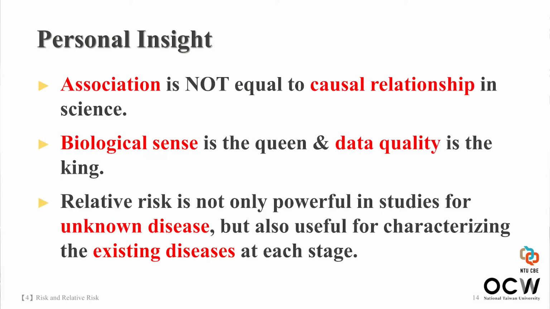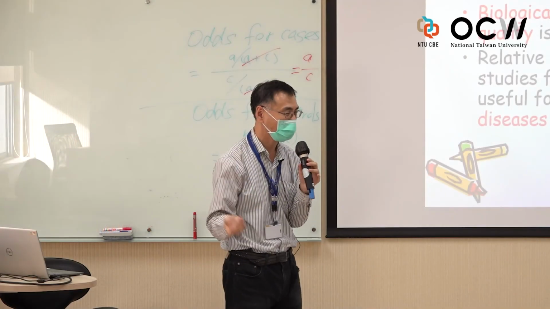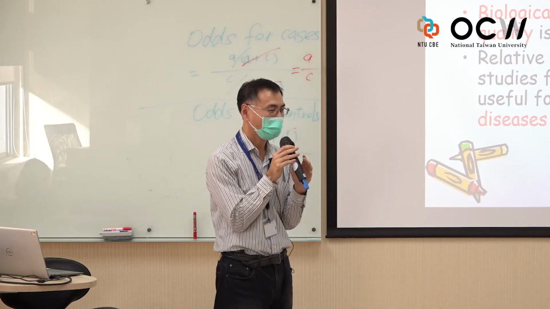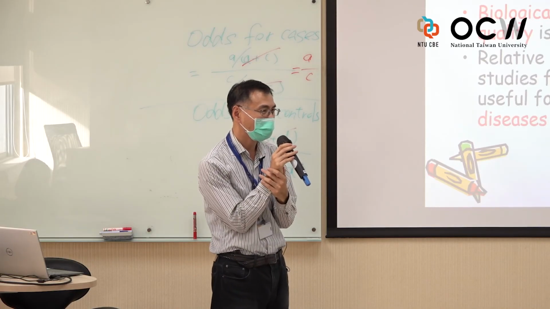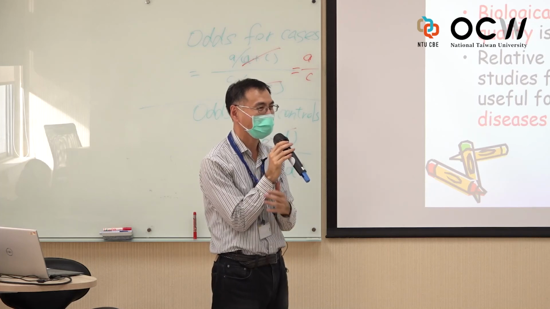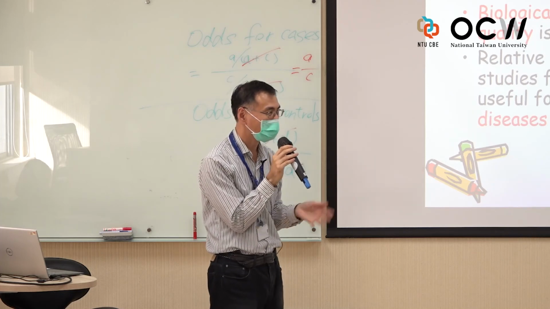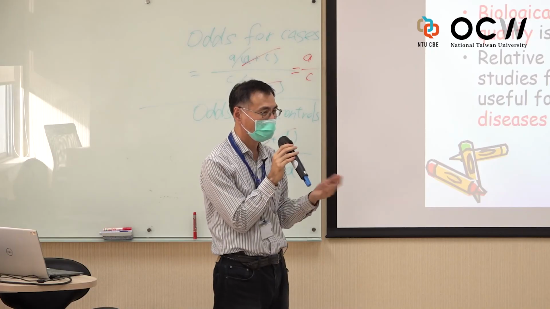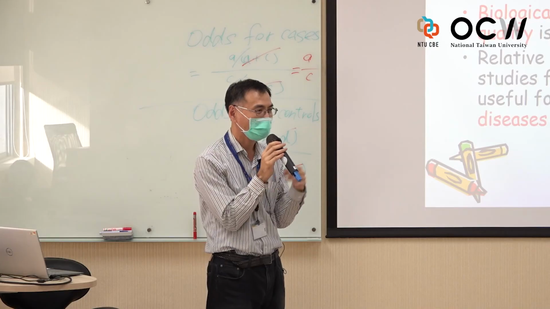And relative risk is not only powerful in studies for unknown disease, like what we did in the very beginning with the story about AIDS, or the story about traffic accidents involving pedestrians in Taiwan. Generally, that's the first step, a simple estimation to give us some idea.